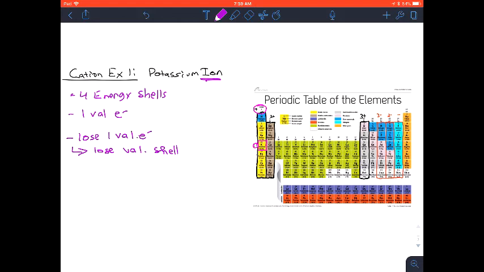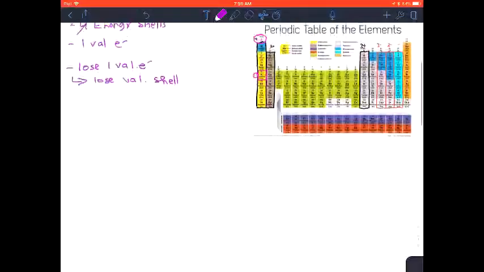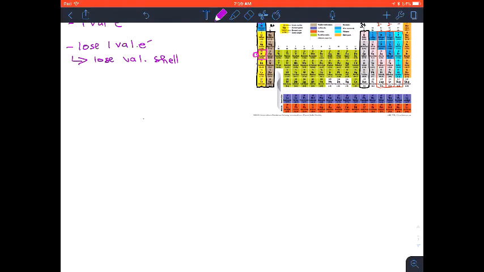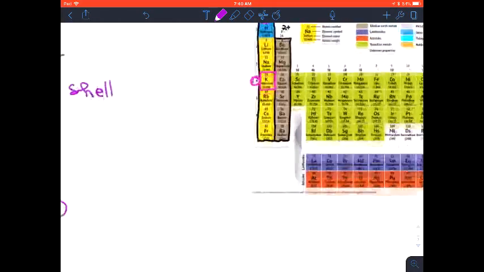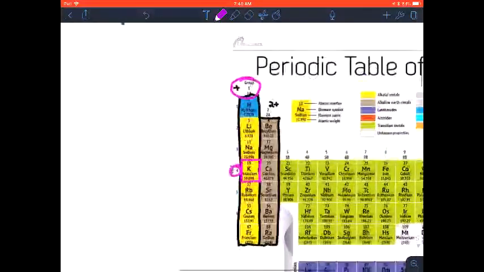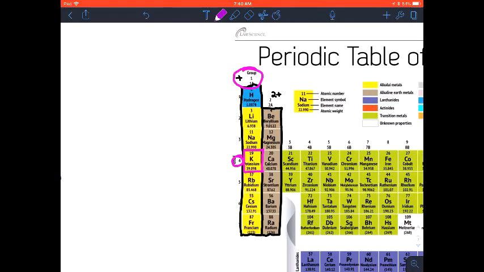Okay, so what it turns out to be is we'll wind up having 3 energy shells, and the valence electrons will change. So let's draw it together. All right, so we're going to start with our nucleus. Potassium, as mentioned before, has 19 protons.